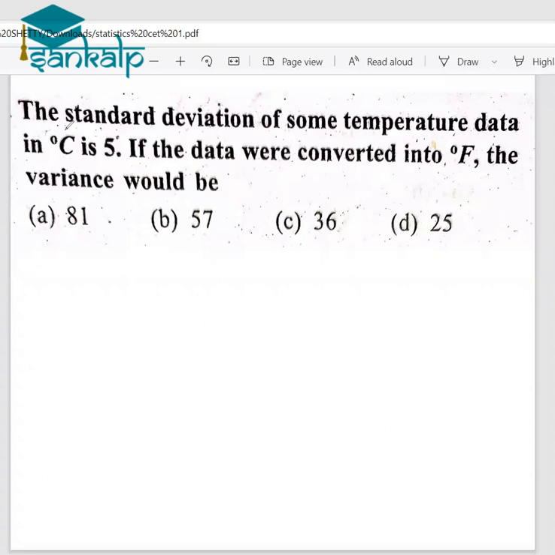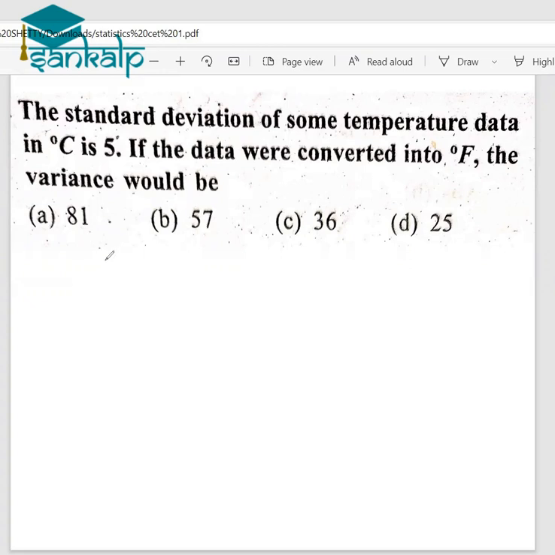The next question, number 16: the standard deviation of some temperature data in degrees Celsius is 5. If the data were converted into Fahrenheit, the variance would be equal to. Here we are first writing down the relation between Fahrenheit and degree Celsius.